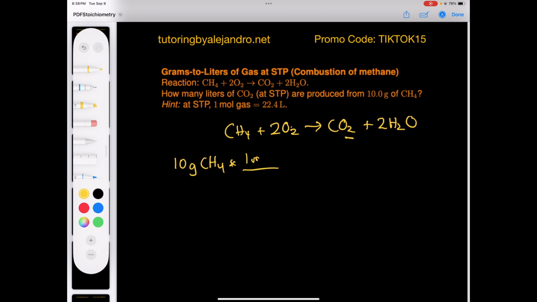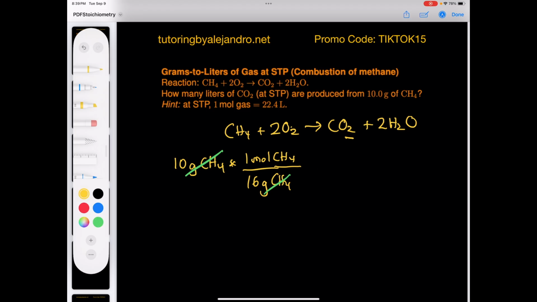So 1 mole of CH4 has how many grams? So carbon is 12, right? And each hydrogen is 1, so that's 12 plus 4 gives me 16 grams of CH4, right? So those cancel out.